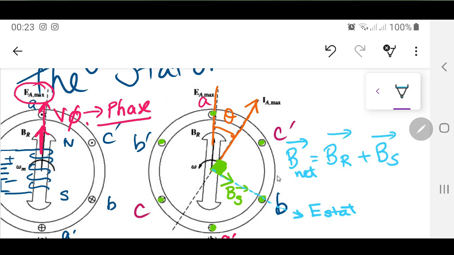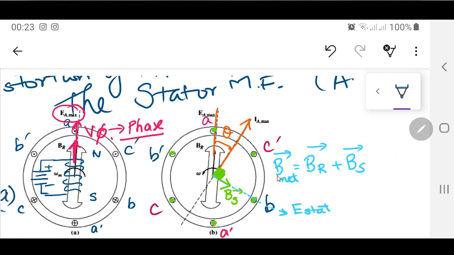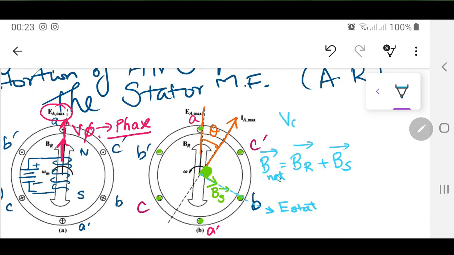The next one is BS, which is actually being produced because of the current flowing inside the armature winding, and that is being produced at 90 degrees to the IA max vector. So that BS produces E stat over there. So practically we can say that the per phase voltage V phase vectorially is equal to EA plus E stat.